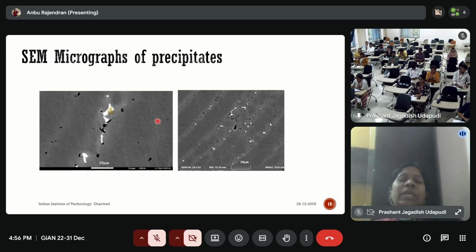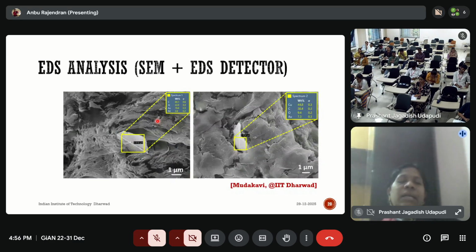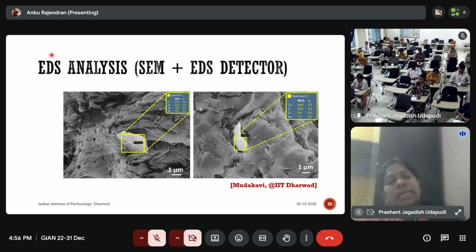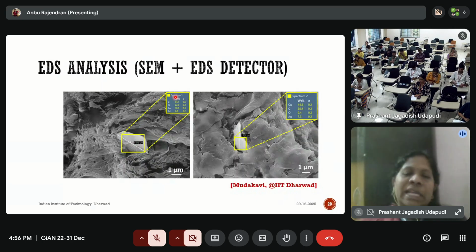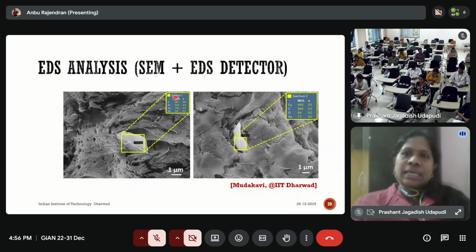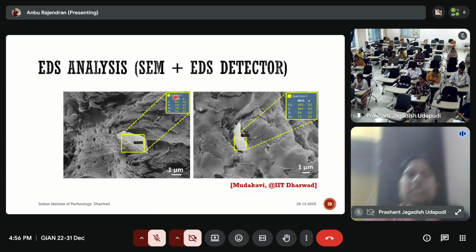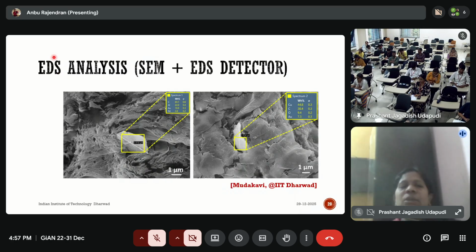In addition to these two detectors, there is another detector, the EDS detector. People also call it the EDAX detector. The EDAX detector serves the purpose of measuring chemical composition. The regular SEM comes with the SE and BSE detectors inbuilt, but the EDS detector is not inbuilt.